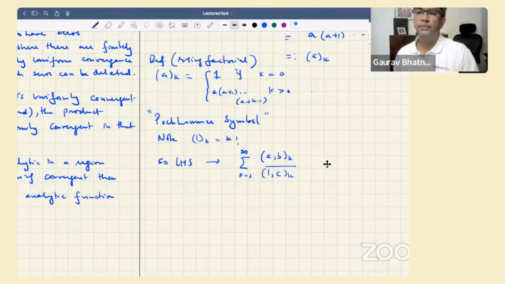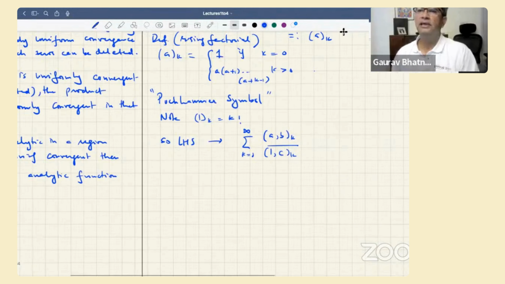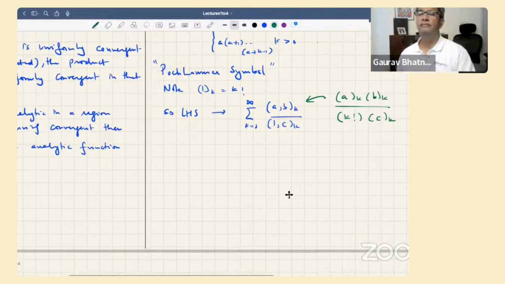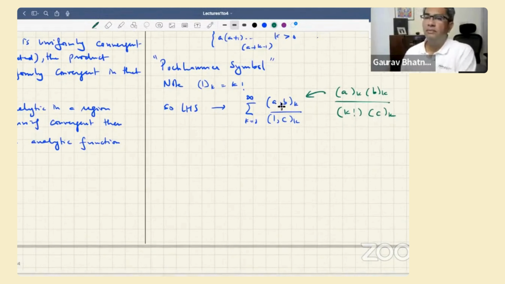So this is a sub k, b sub k over k factorial c sub k. So I'm just combining the two like I did in the q rising case.